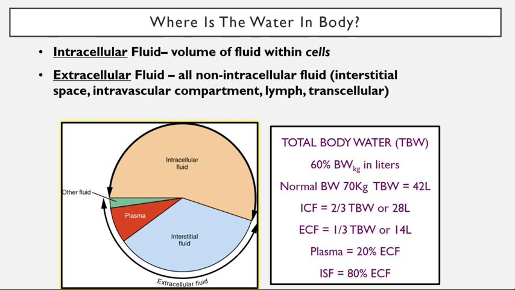Most of the liquid in your body is within cells through and through, but a lot of it is also this interstitial fluid here. Some of it's also just the blood plasma, and then other fluids like the fluid around your brain, the fluid around your heart, that kind of stuff. That doesn't count in any of these.